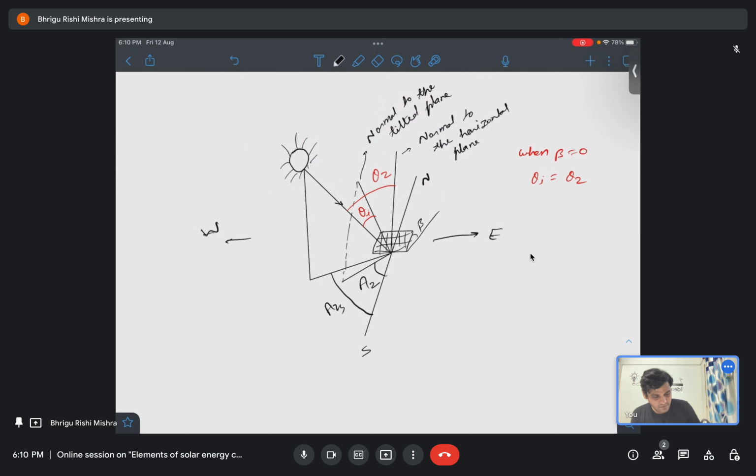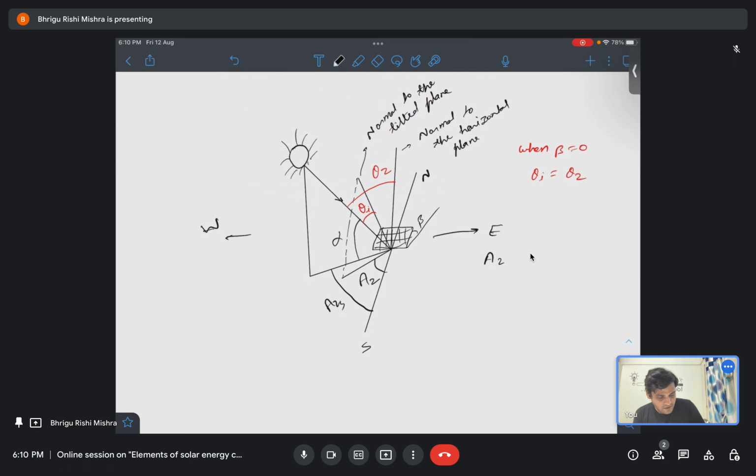And this angle is called alpha, the solar altitude angle. So we have already looked at this. I'm just giving you an overview to refresh your memories, and we need these things in almost every lecture, so it will be good for you to draw the angles so that you can understand them properly.